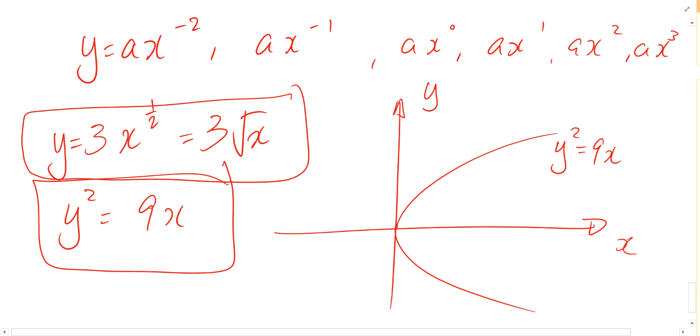Okay, see, so this curve over here, y squared equal to 9x. Mathematically, largely the same, but there's one critical difference. Anything? What about the y? What is the critical difference between these two boxed up equations?